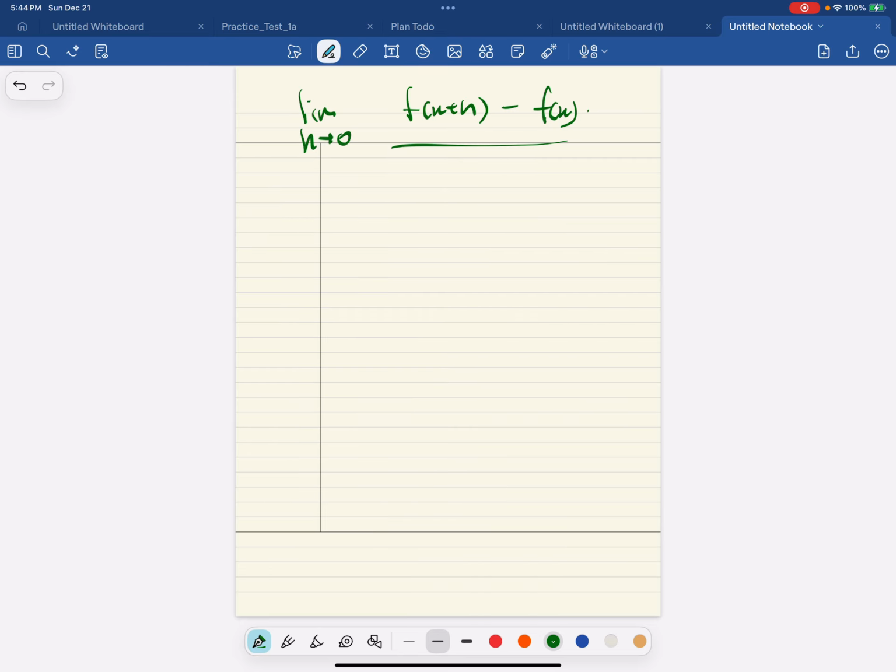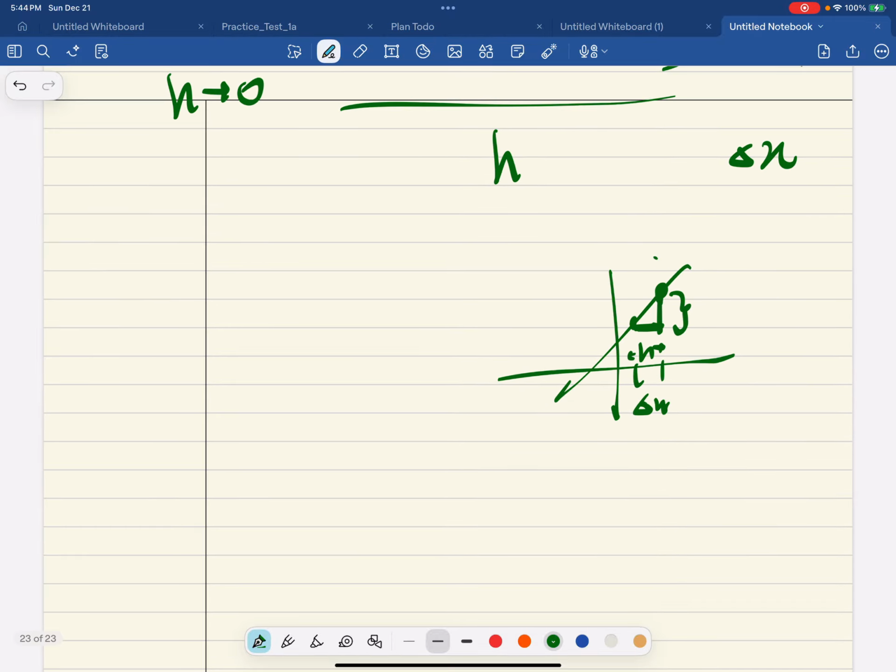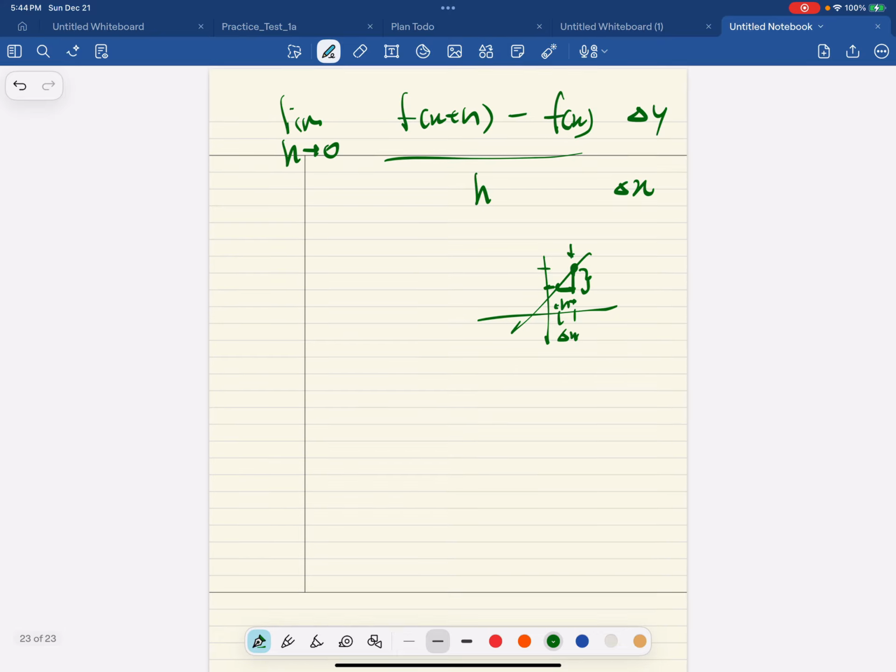So by taking it away, we're doing delta y, and we're doing delta x by doing just h, because if you realize the graph itself, the delta x is really just the h, the distance right here. And the vertical distance is the function when x is x plus h, take away the y value when x equals x.